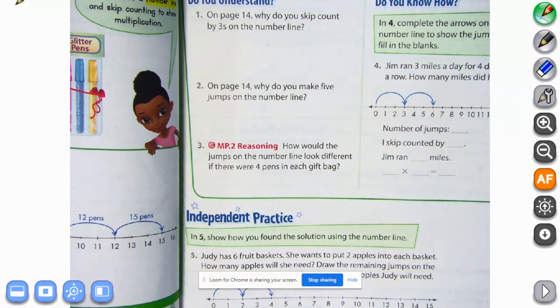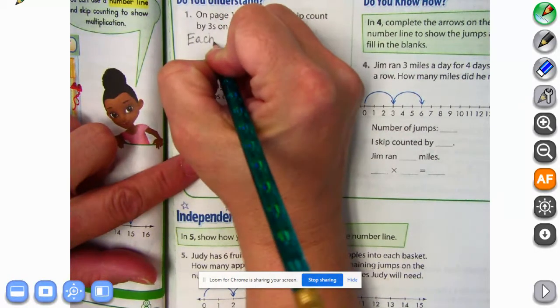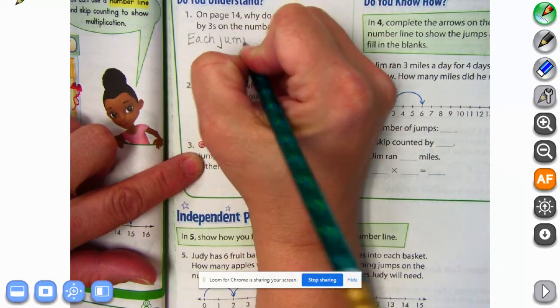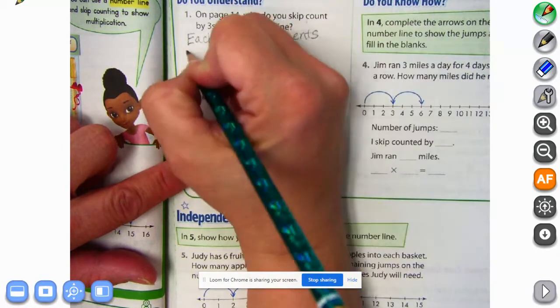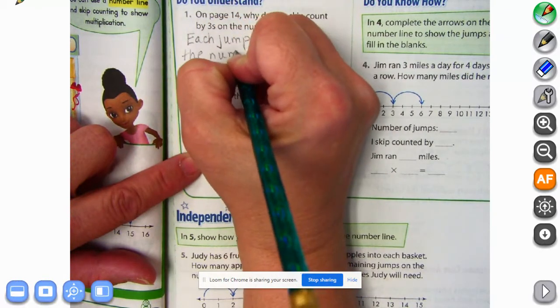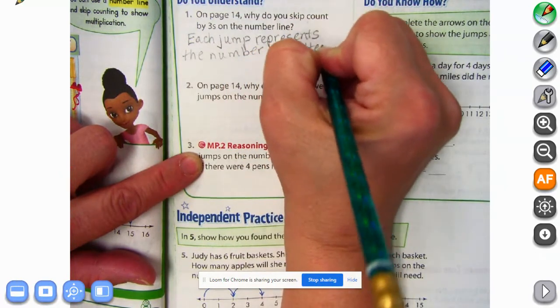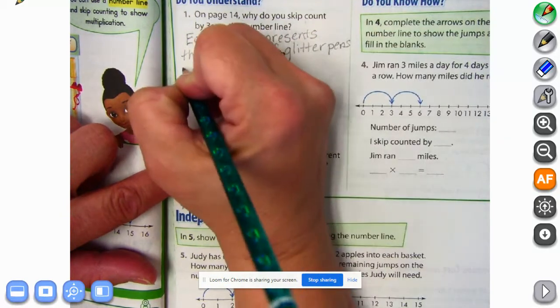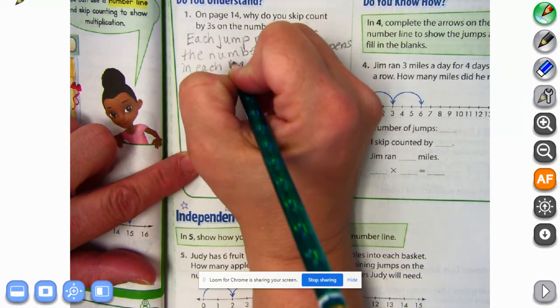All right, so on page 15, we're going to do the guided practice number 1. So on page 14, why do you skip count by 3s on the number line? Okay, because each jump represents the number of glitter pens in each bag, in each of her gift bags.